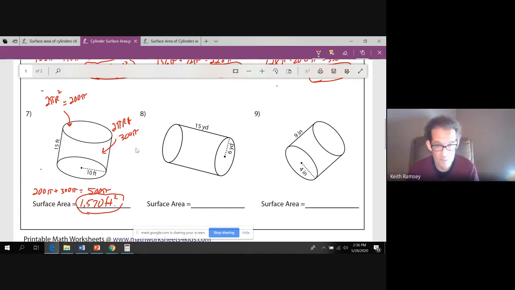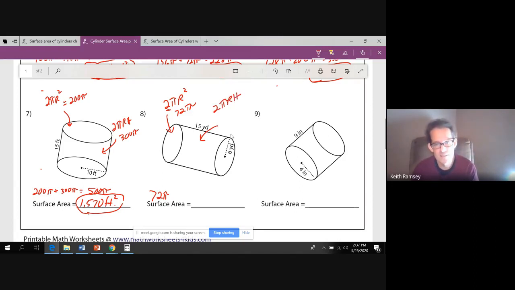Let's check out number 8. So my top and bottom is 2 times pi r squared. If my radius is 6, I know 6 times 6 is 36. Times 2 is 72 pi. So I'm going to add 72 pi with my lateral surface, which is 2 times pi times the radius times the height.